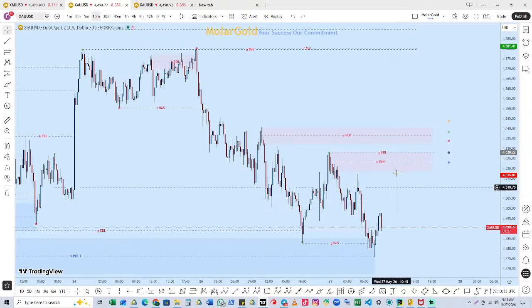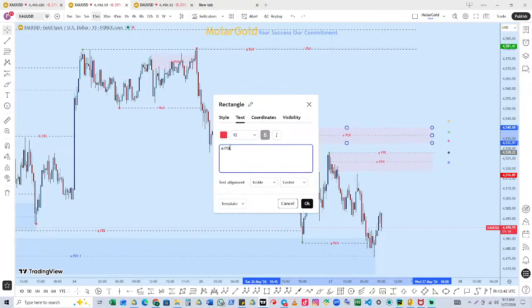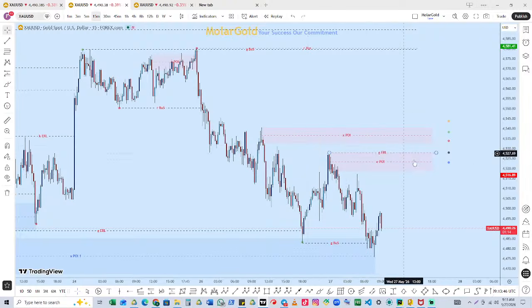Let's continue. Okay, so this is basically it, right? So now let me put this XPY. It means that we need to position inside this area, or inside that area, for the sells.